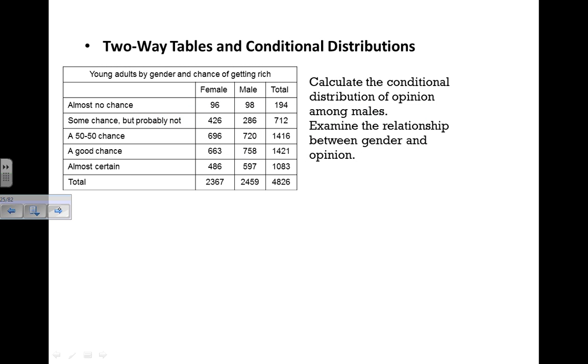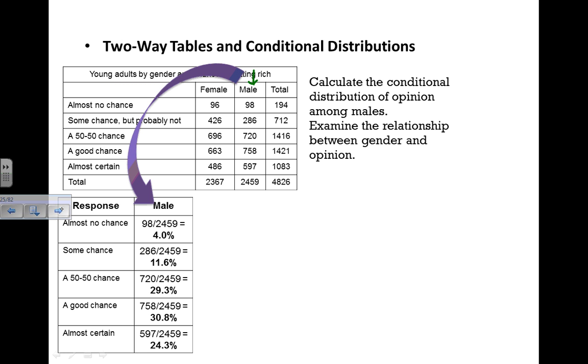All right, so two-way tables and conditional distributions. Calculate the conditional distribution of opinion among males. So here we're going to do it among males. Examine the relationship between gender and the opinion of what they feel their chance of getting rich would be.